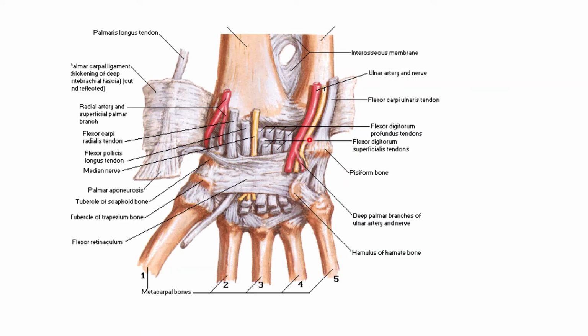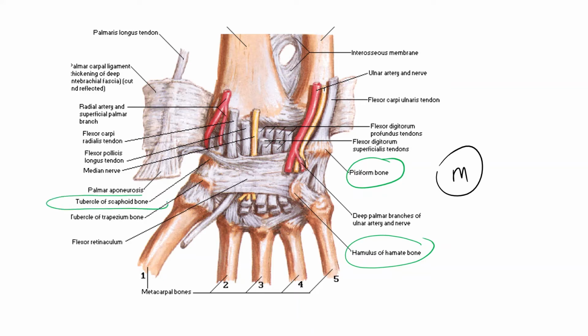In this picture, we can very neatly see the bony attachments of the flexor retinaculum, the medial and the lateral attachments. Along its medial border, the attachment is over the pisiform bone and the hook of the hamate. Along the lateral border, the attachment is over the tubercle of the scaphoid and the tubercle of the trapezium.